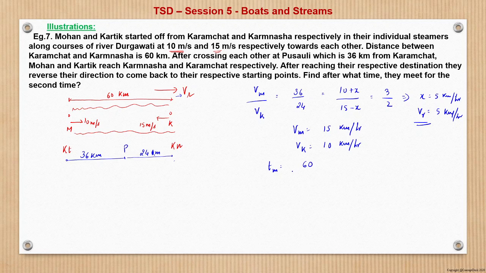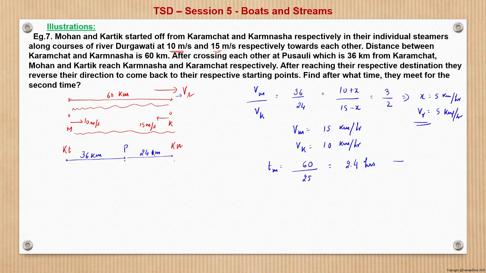To cover a total distance of 60, and relative speed is, they're moving in opposite direction, so it will be 15 plus 10, which is 25. Here this 25 means speed of Mohan with respect to Karthik, right? So this becomes 2.4 hour. So they met at 2.4 hour.